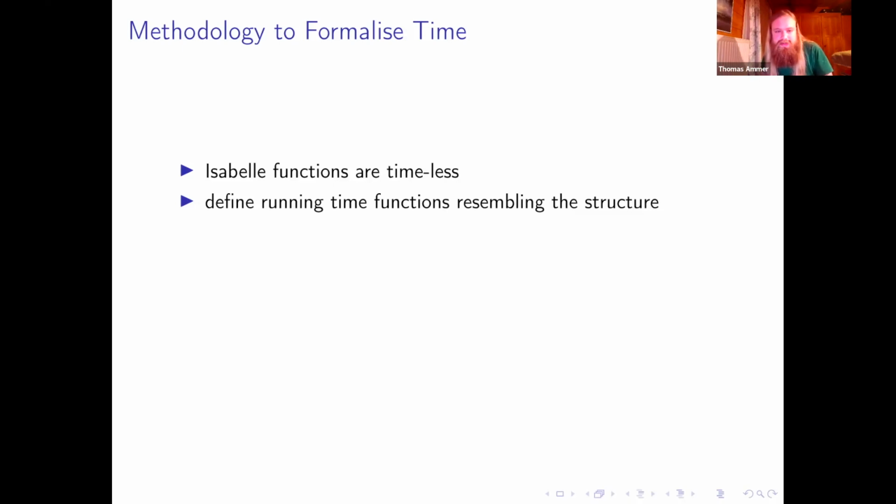Instead, we want to define a simpler notion of time. That means we define functions that resemble the structure of the algorithm while summing up natural numbers. And then those numbers should be a measure for the running time with respect to a formal model of computation.